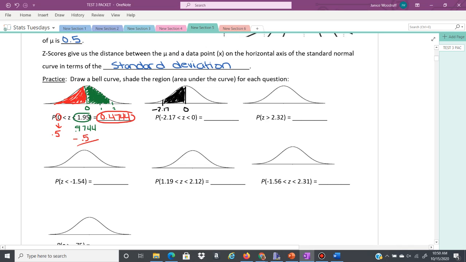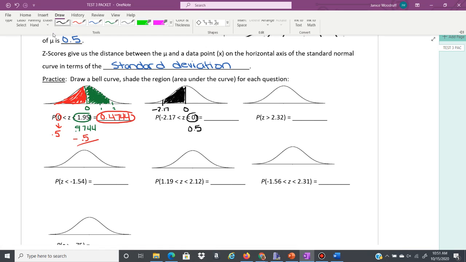To find this area, you have 0, which is 0.5, and then you have negative 2.17. If you go to your chart and find the area for negative 2.17, then you will get this part.